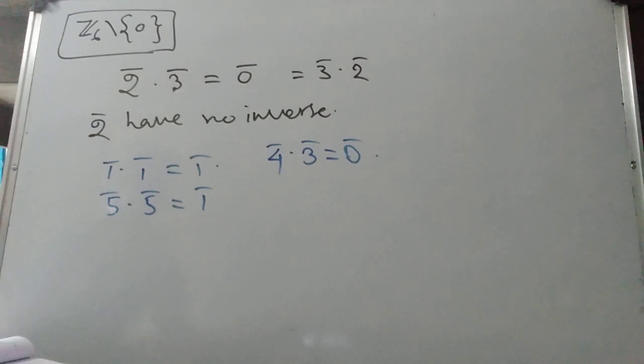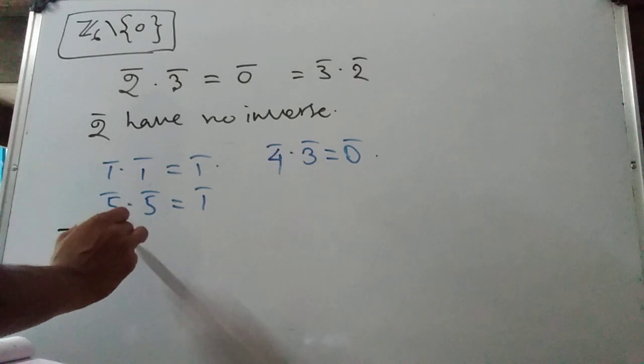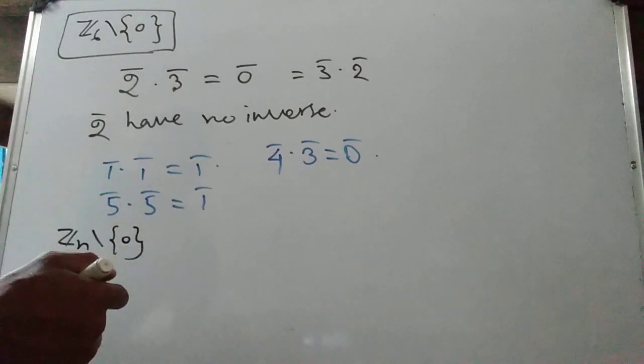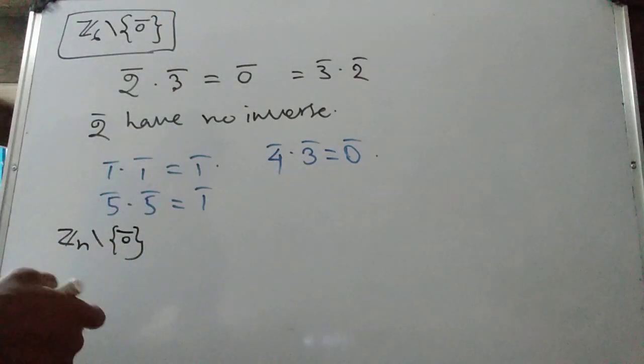That means Zn difference 0 class, since the 0 class does not have an inverse, so we write it in this way: Zn difference 0 class, or we write class 0.